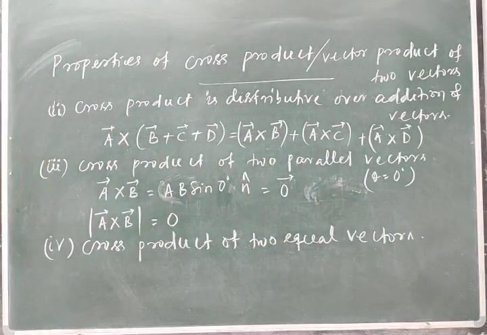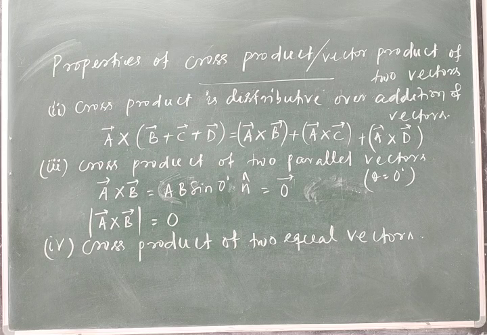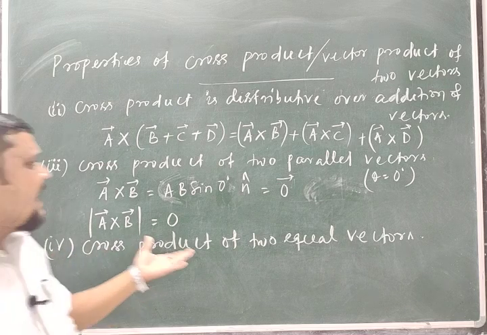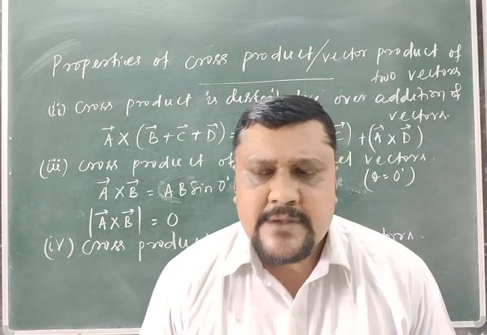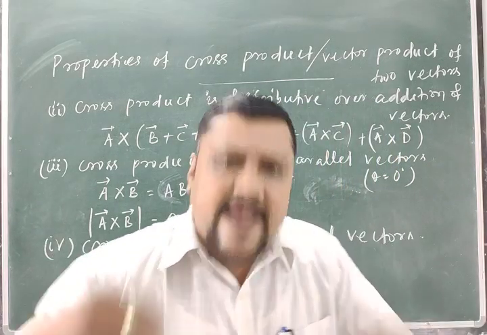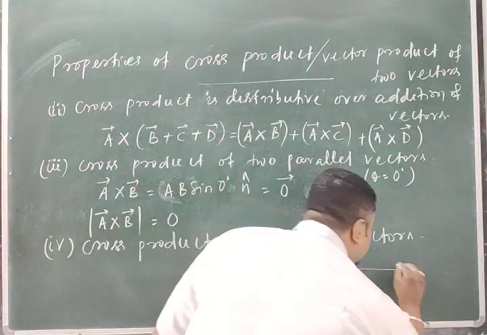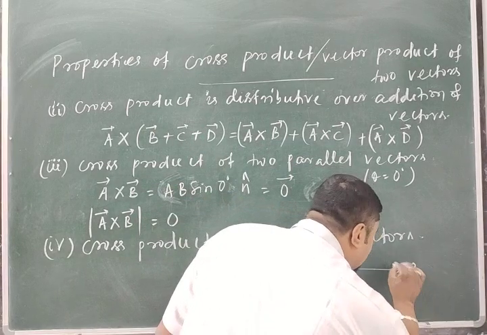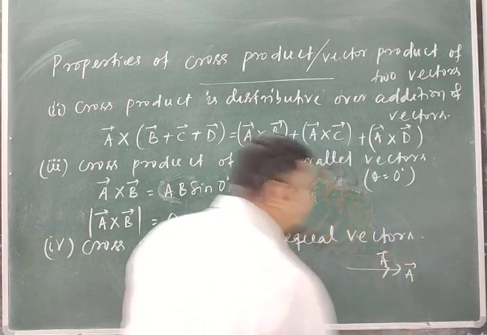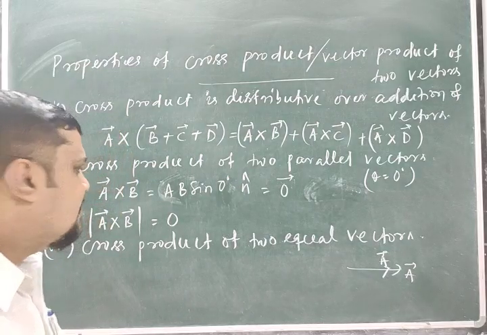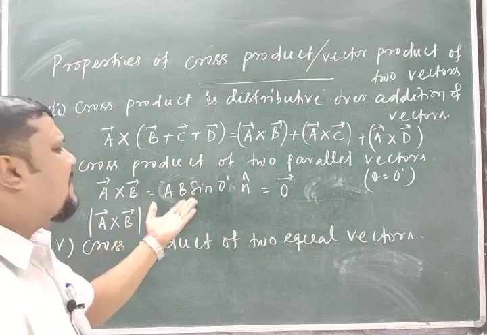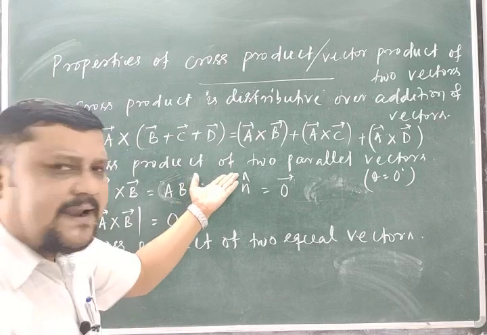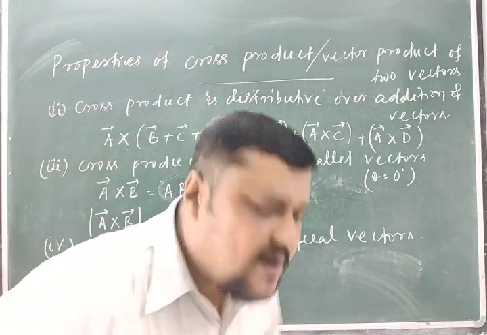What is the cross product of two equal vectors? Equal vectors means both have the same magnitude and same direction. So think of A cross A. A is in this direction and the other vector A is also in the same direction. In the parallel case the magnitude may or may not be the same.